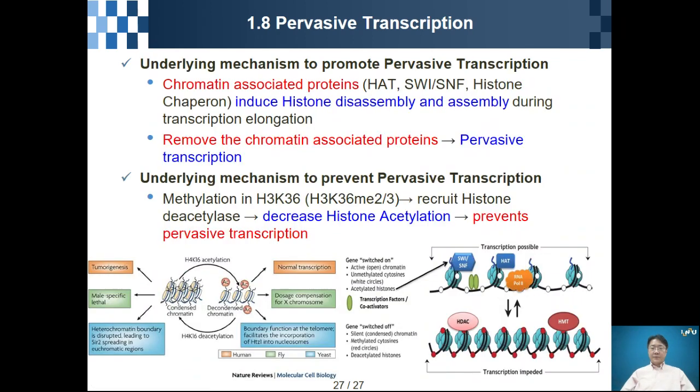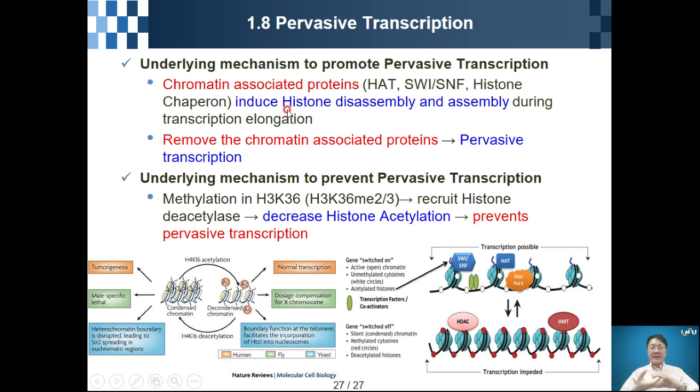Okay. So in this slide, I will explain the underlying mechanism that promotes pervasive transcription and also the mechanism that prevents it. Usually the chromatin-associated proteins, for example HAT and SWI/SNF and other histone chaperones, always induce histone disassembly.